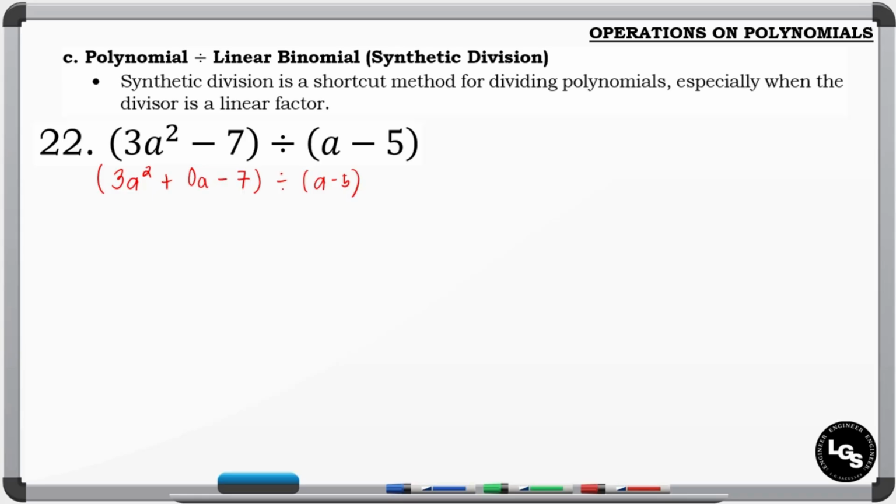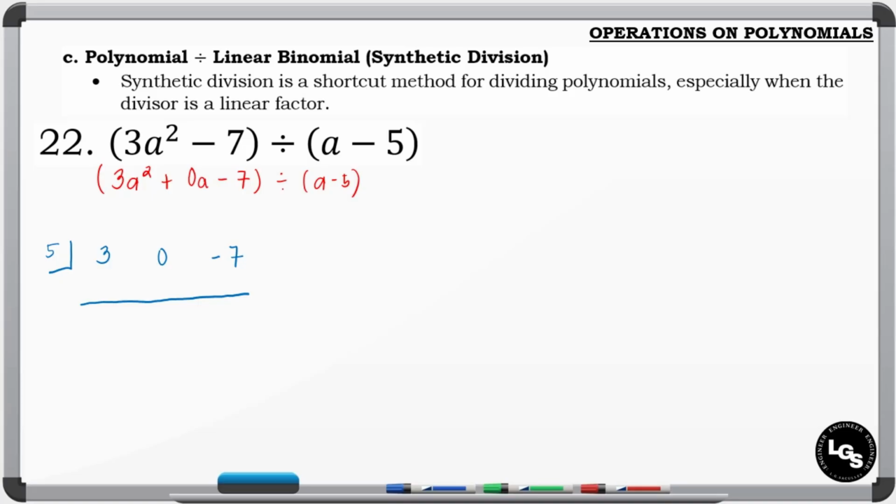Then we will write the coefficients of the dividend. So that is 3, 0, negative 7. Then the divisor root. We have here a minus 5 again, so that will become positive 5. So I will write here 5. Then let's draw our line.